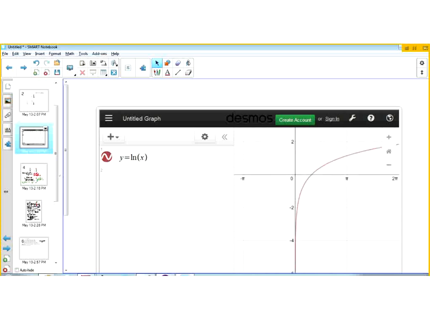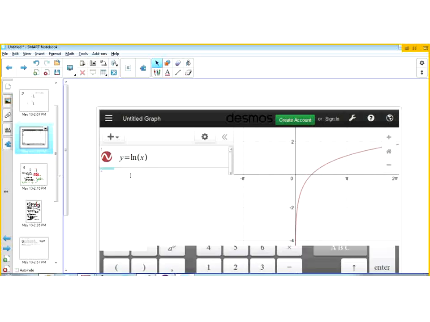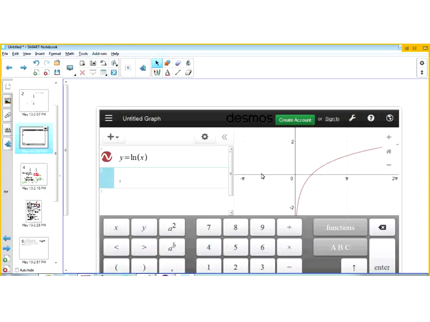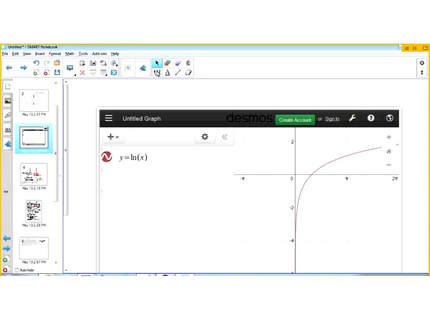So what happens as x approaches 0? Technically speaking, the limit as x approaches 0 of natural log of x does not exist.